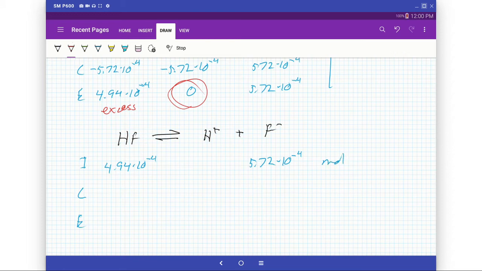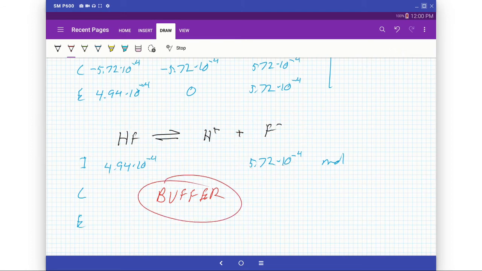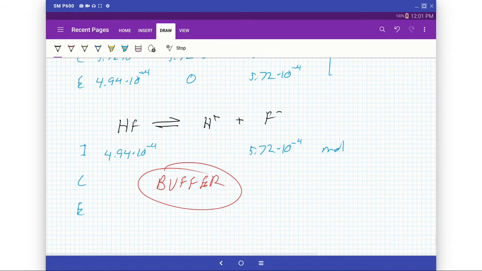We have a mixture of a conjugate acid-base pair. This, by definition, is a buffer. And if it's a buffer, we can use the Henderson-Hasselbalch equation.